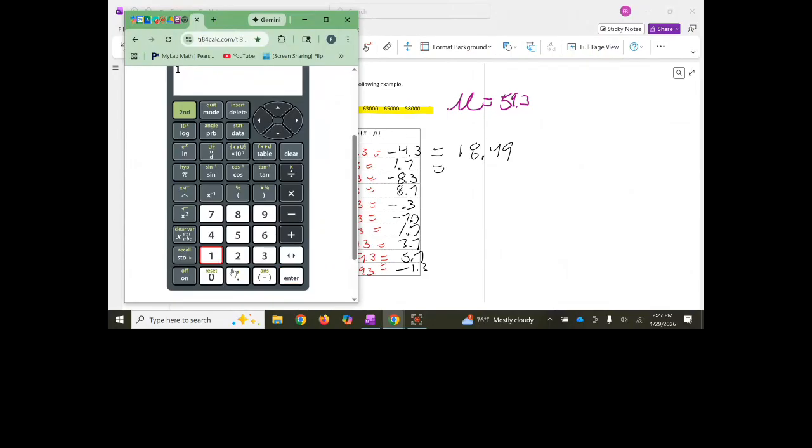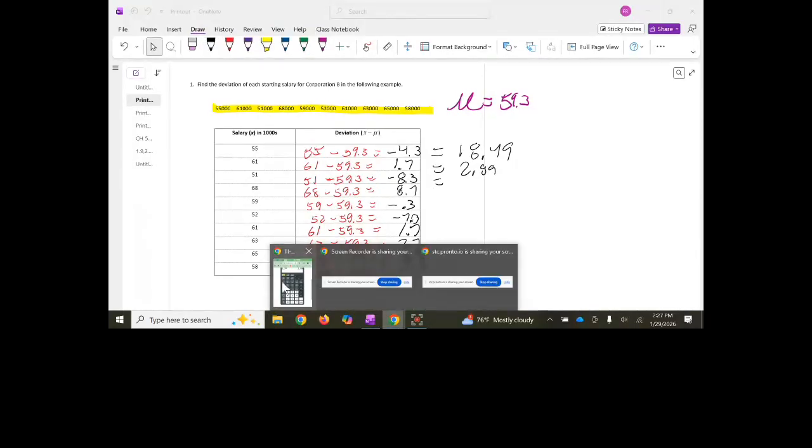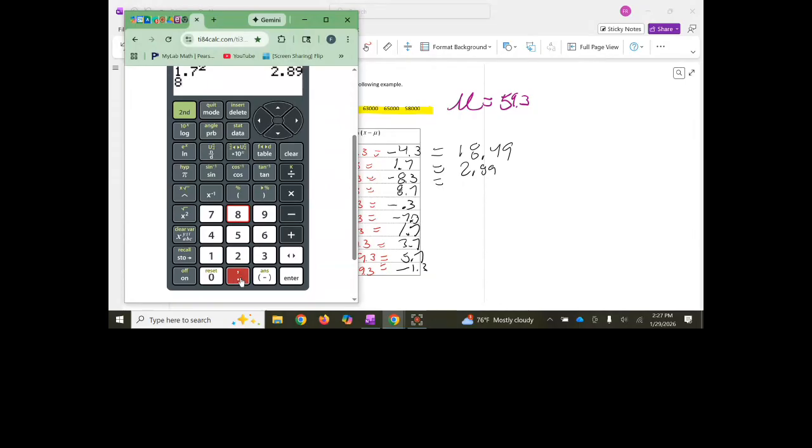Okay, let me do this. 1.7 squared is 2.89. All right, 8.3 squared. 8.3 squared is, I don't know, 60 something, 68.89. Okay, 8.7, I still got to do.